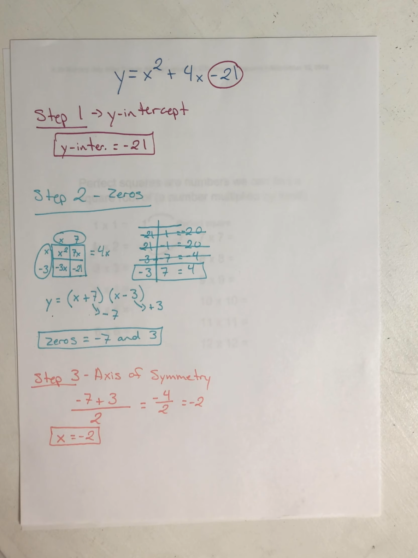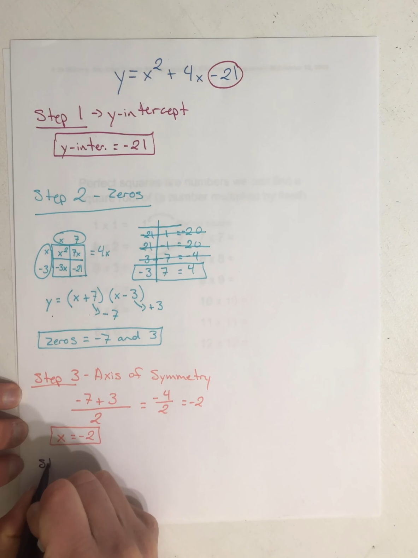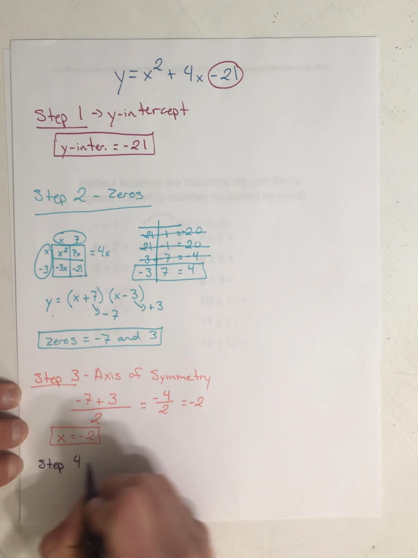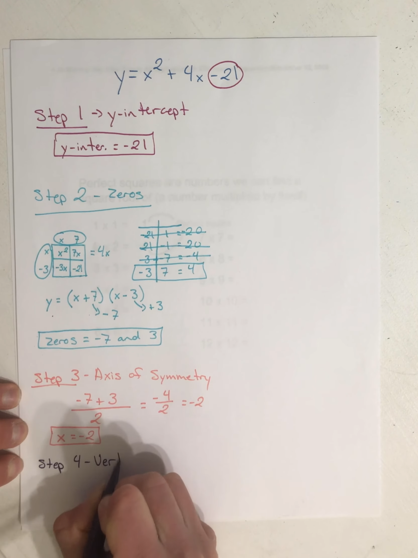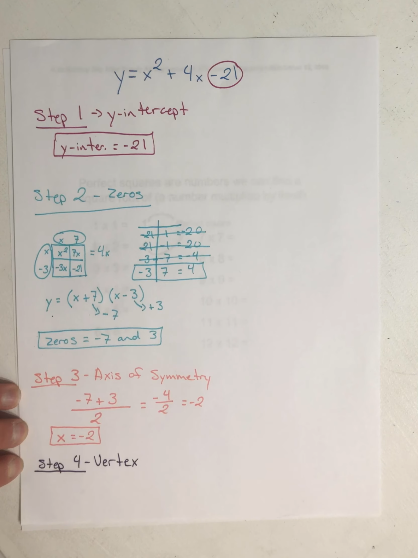Okay? And then we're going to do our step 4, which, let me see if I can find a different color. So our step 4 is to get the vertex. These are very similar steps to what we did yesterday.